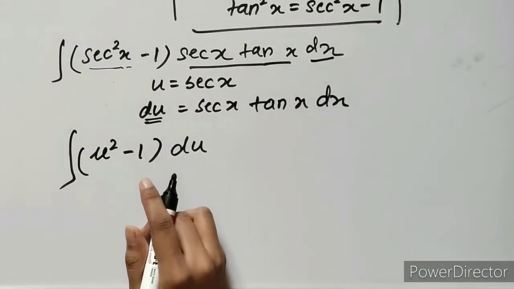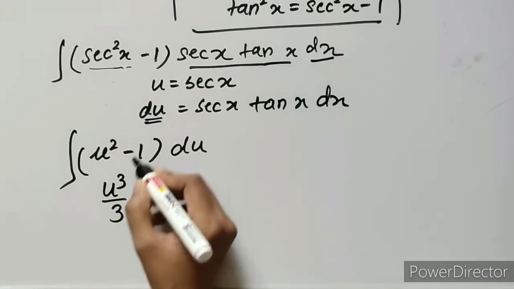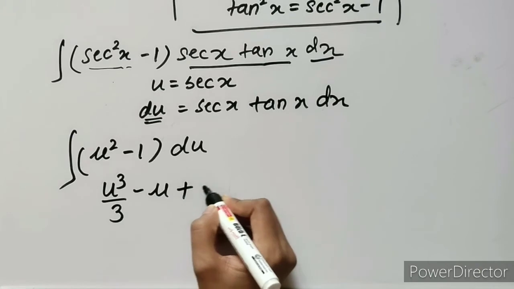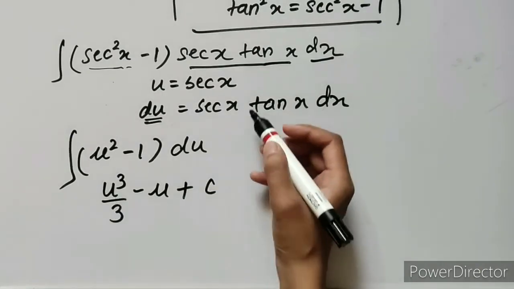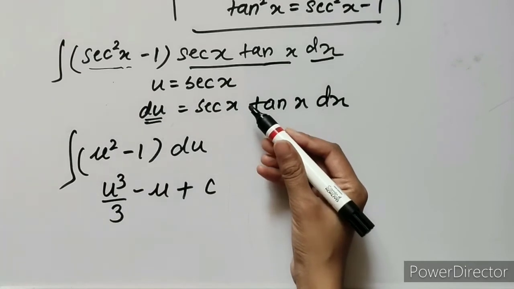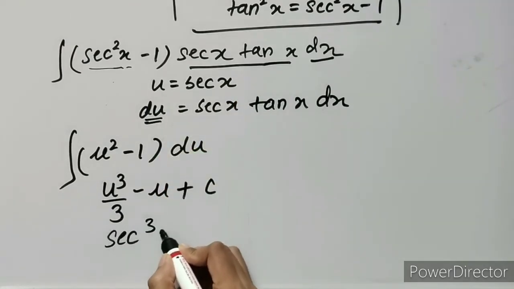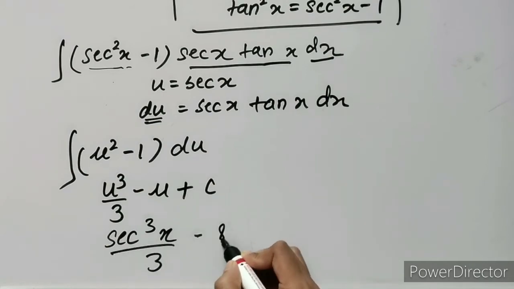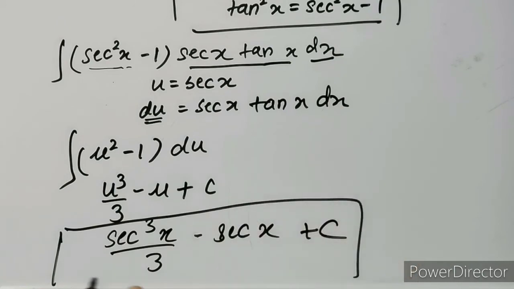Now we will go for the simple integration, and it will be u cube by 3 minus u plus c as a constant. We will just change this variable u into the original variable x. So u is equals to secant x, it will be secant cube x by 3 minus secant x plus c. So this is the final answer.